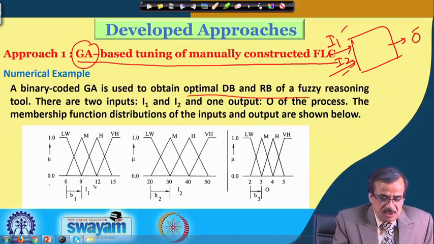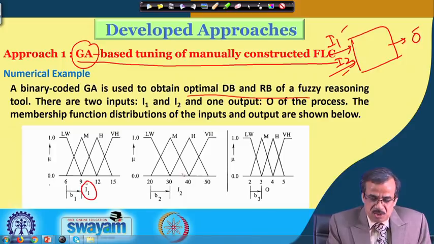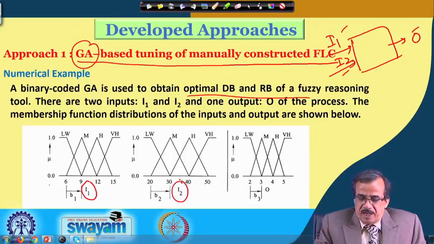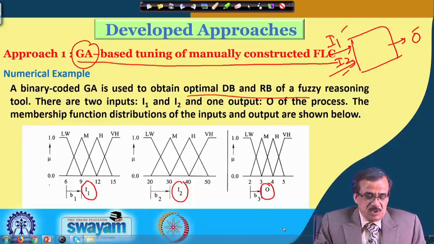This shows the membership function distribution for the first input, that is I1, this shows the membership function distribution for the second input, that is I2, and this shows the membership function distribution for the output, that is O. Both the inputs and the output are represented with the help of 4 linguistic terms each.